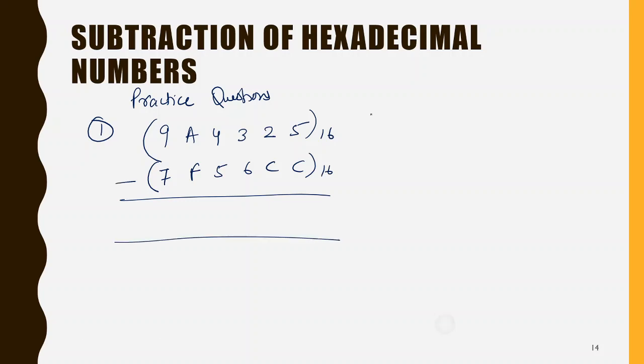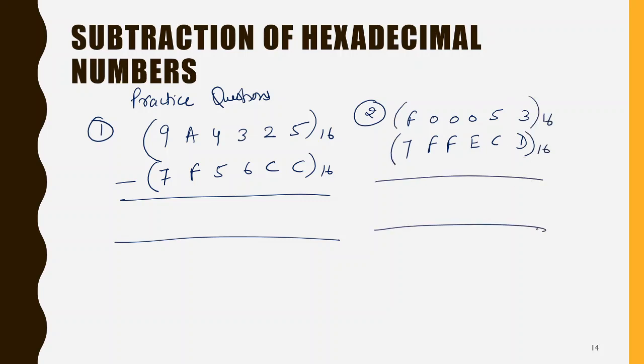This is your first practice question, and the second practice question that I will give you is this. These are your two practice questions, and you have to do reverse checking also for the same. So this completes our hexadecimal subtraction.